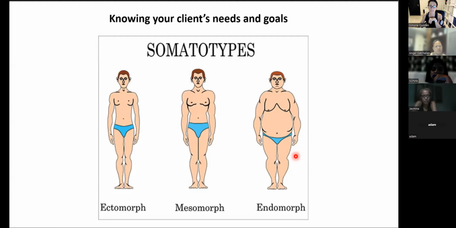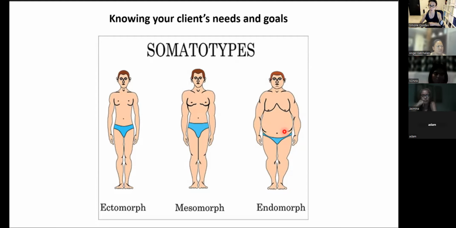Okay. But sometimes, if someone is an endomorph, that means they don't necessarily need to be fat. Endomorphs are some people who are just big, tall and big. I have a lot of trainers from, let's say, Holland or Australia, because Australians are taller and Dutch people are tall as well.